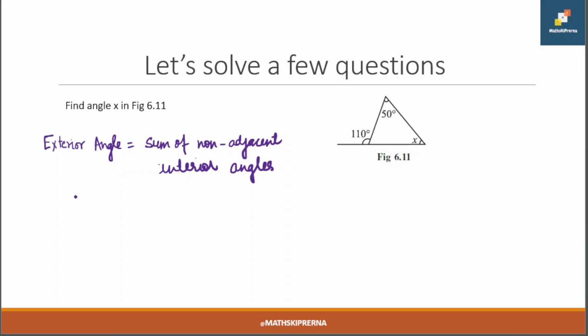So here we can easily write 50 plus x will be equal to 110. And if we solve this, we will get the answer as 60 degrees. So through the exterior angle property, we were able to determine the value of x.